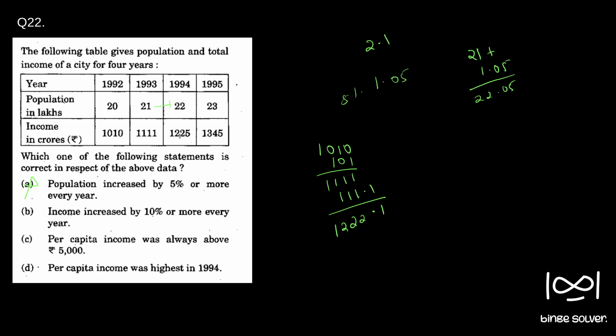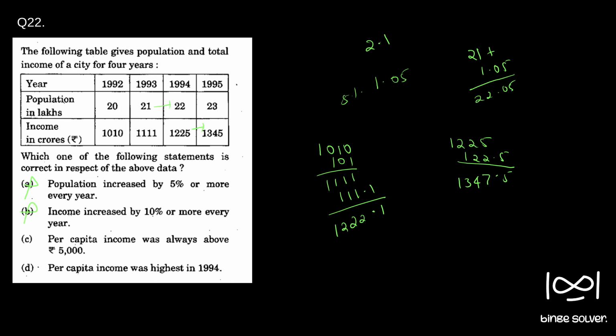There is more increase, 1225, so that is satisfied there also. Again, let's check for 1225. 10% is 122.5, so adding it, it should be 1347.5, but it is only 1345. So there is no 10% increase from this point to this. So option B is wrong.